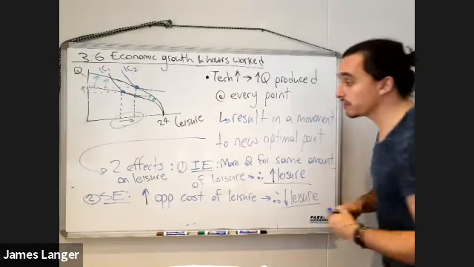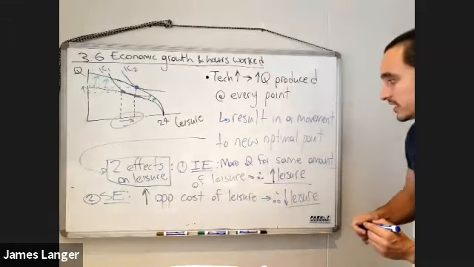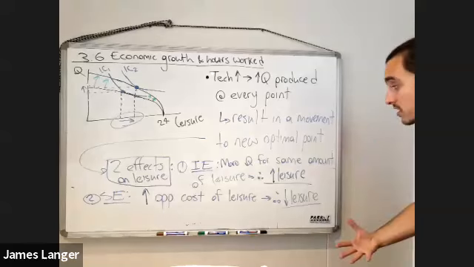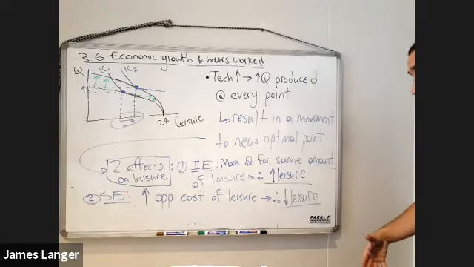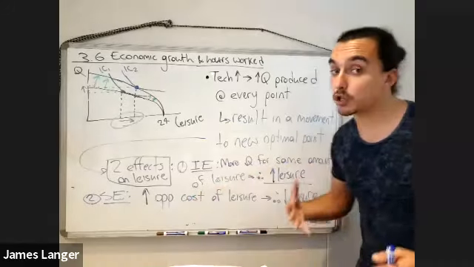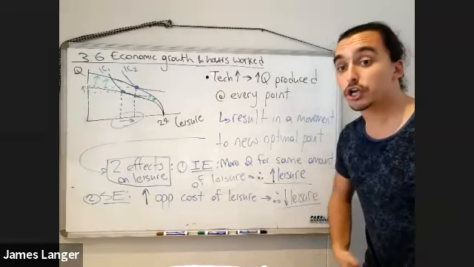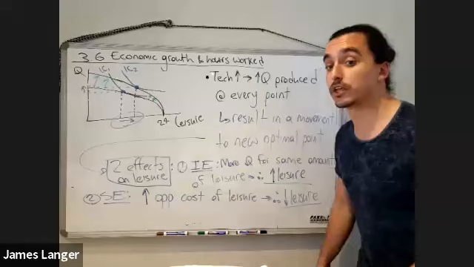So there's been two effects on leisure. The first one is the income effect, which says you're richer, so consume more leisure. But the second effect is the substitution effect, which is saying, no, but hold on, now that there's better technology, if you consume more leisure, you're going to be giving up a lot more output than you did before.